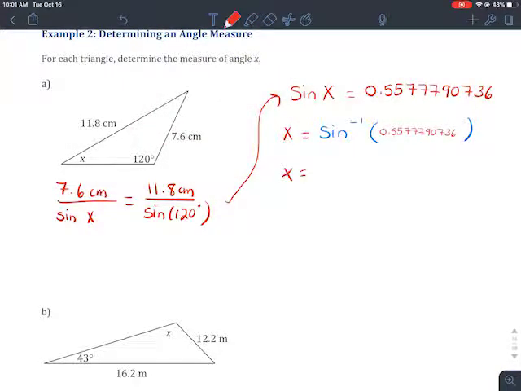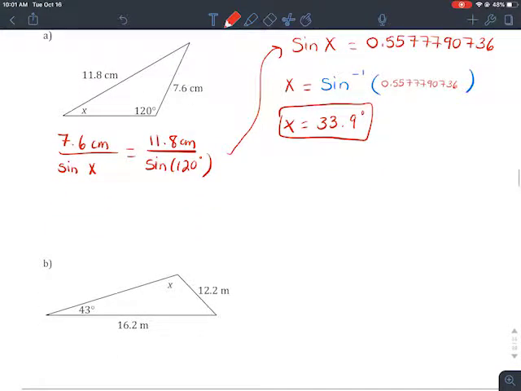Okay, once you put that into your calculator, that angle actually turns out to be 33.9 degrees. Okay, and there's our angle measurement of x. So not very much longer, but there is one additional step that we have to be aware of.